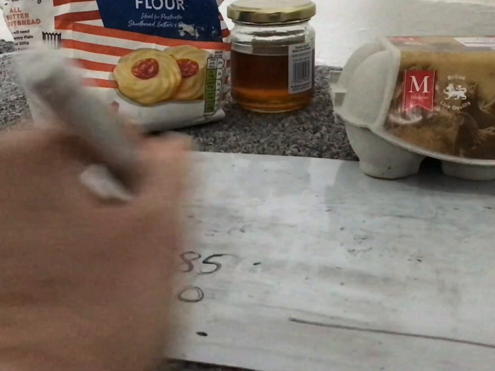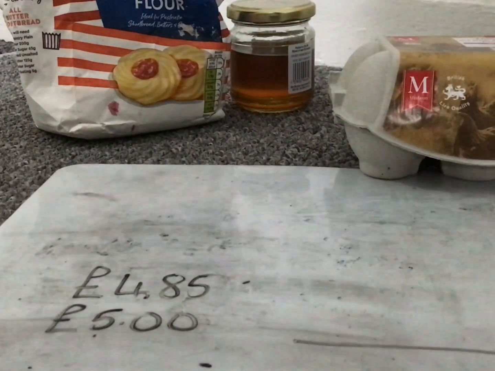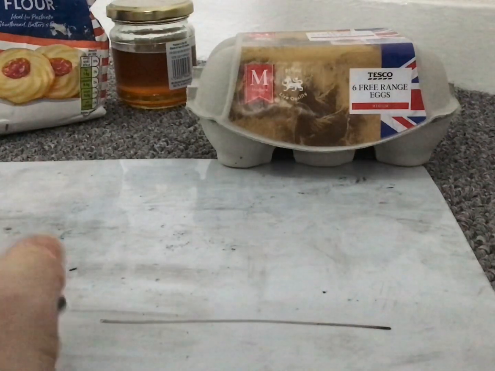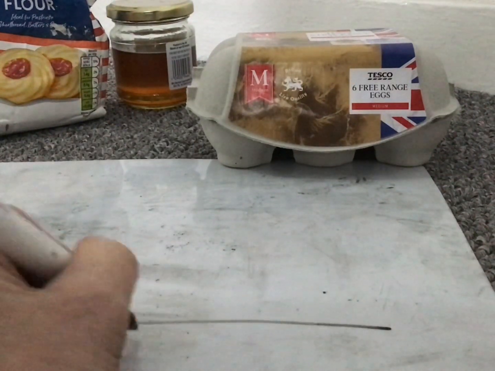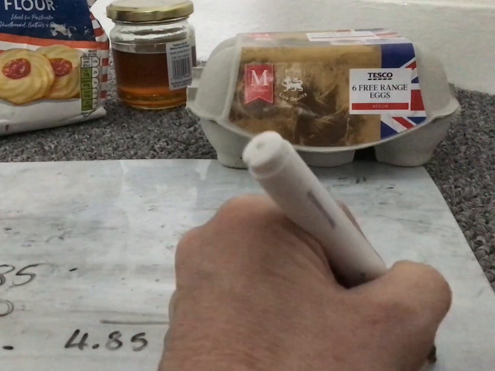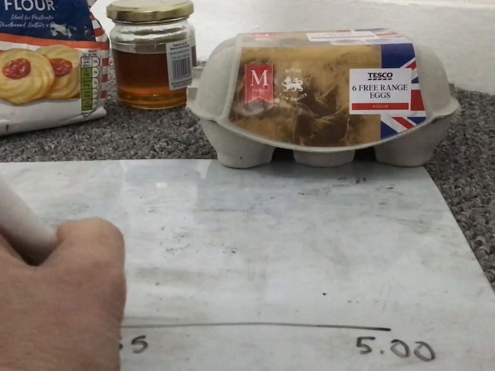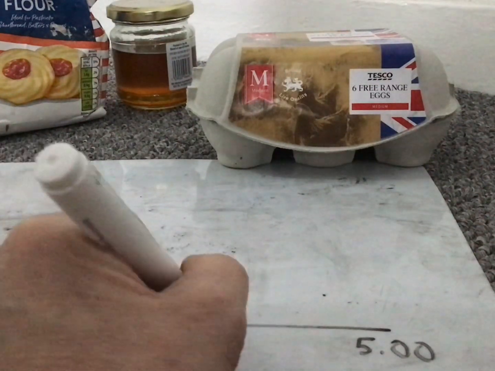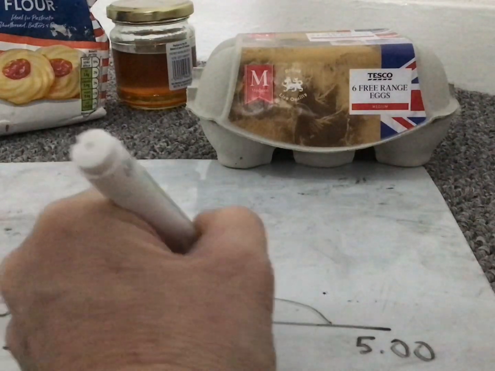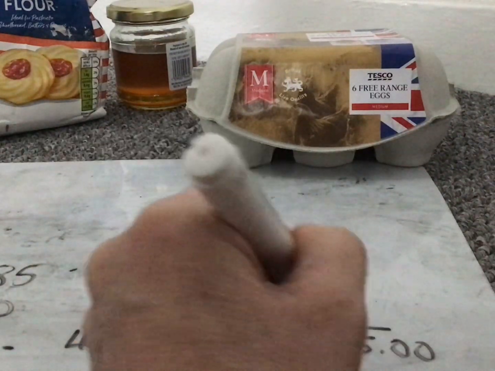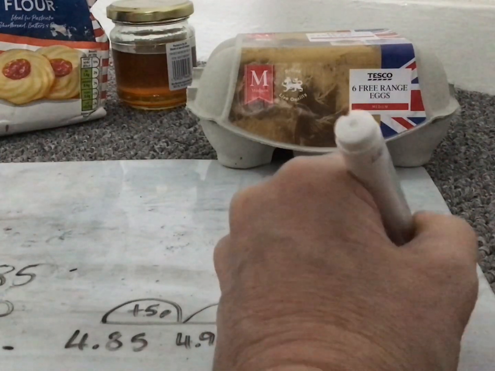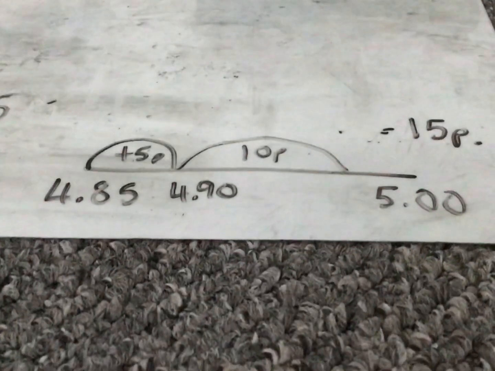So I'm going to draw my number line, and I'm going to start off with my £4.85 and I want to get to £5. So I'm going to get to a friendly number, so I'm going to add on my 5p, which will give me £4.90. I'm going to add on 10p, which will give me £5. So I have 15p back. Can you see that?